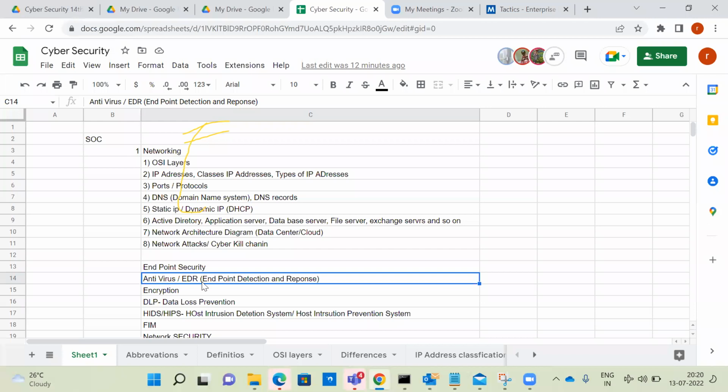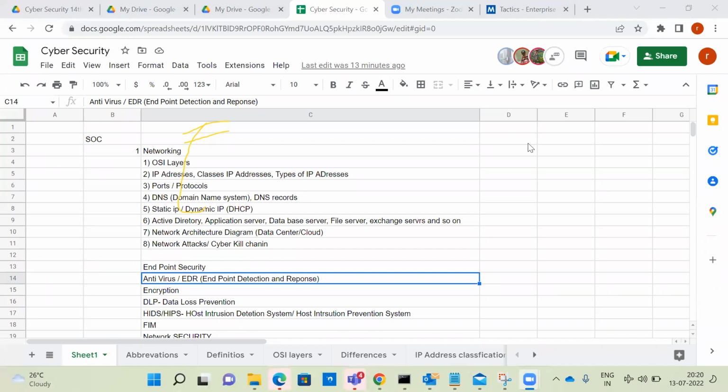Whenever any malware category of attack comes, it will identify what tactic the attacker used. The tactic will also be shown in the EDR tool. I will show this practically once we go to the EDR tool. Is it clear now? Yes, sir. Thank you.